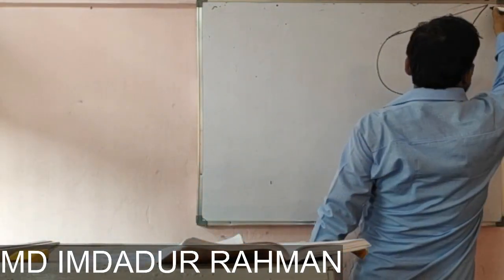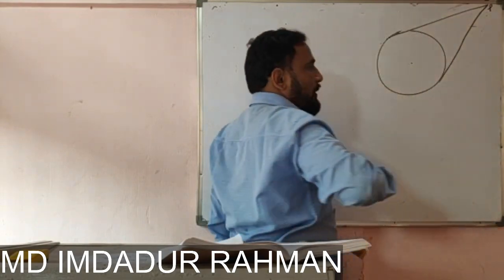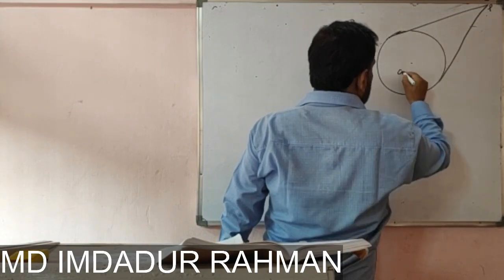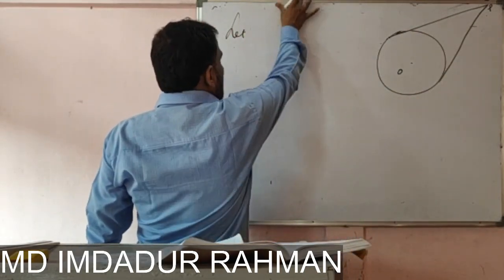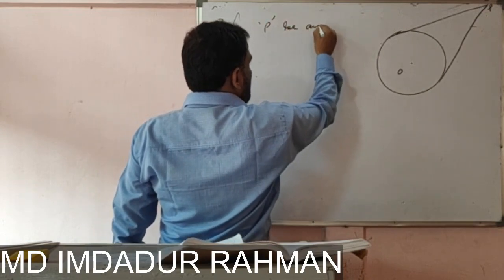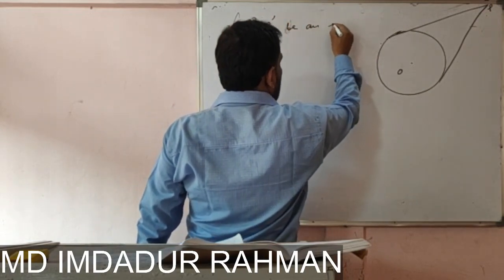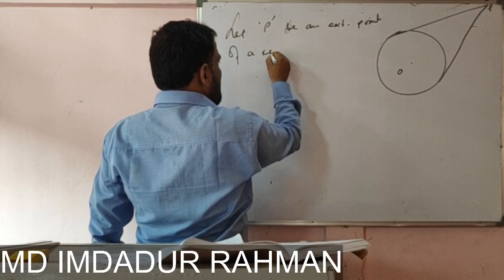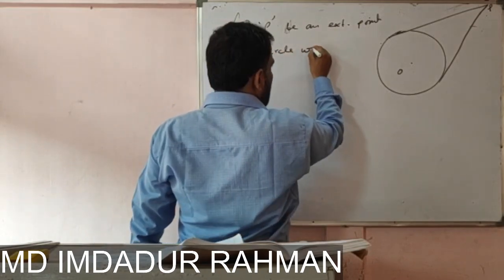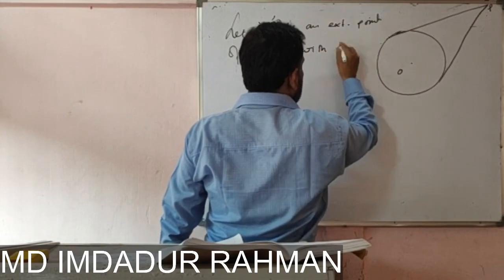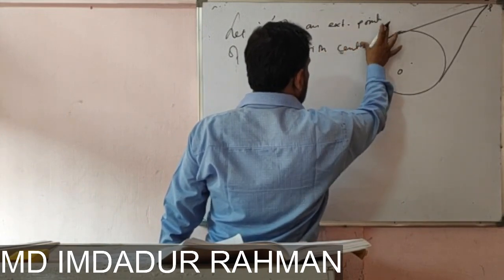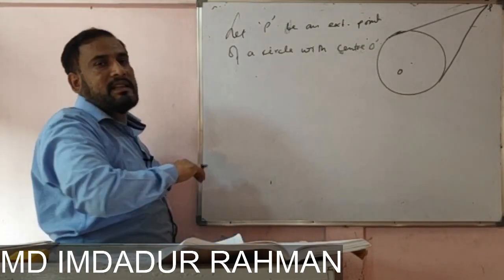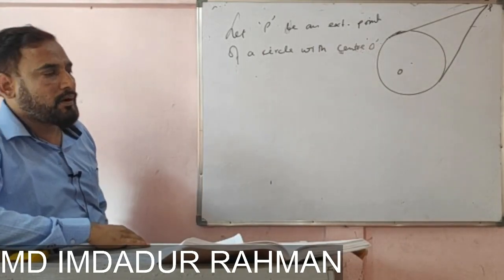Let P be an external point of a circle with center O. That is, O is the center of the circle and P is the external point of it.